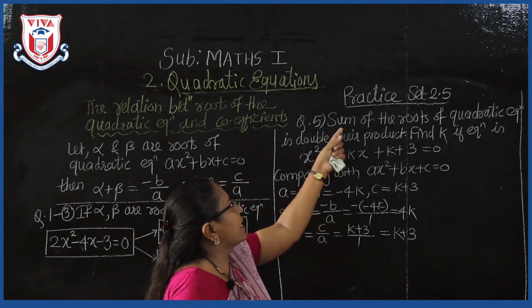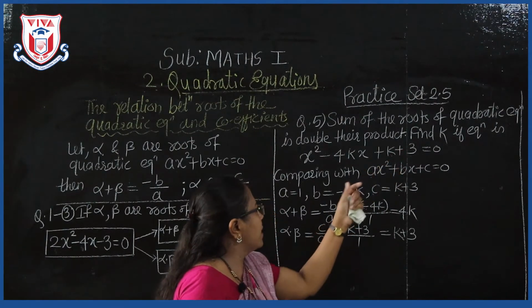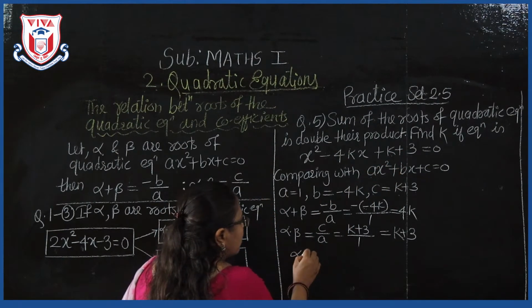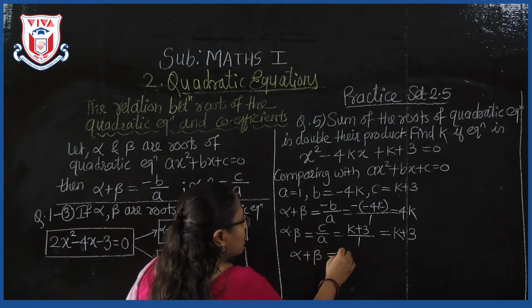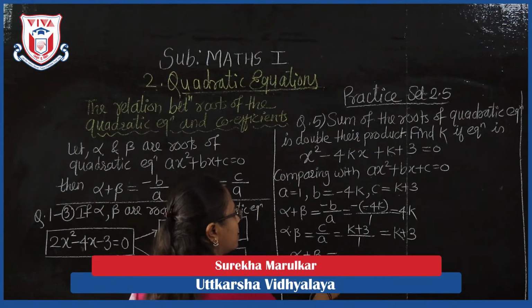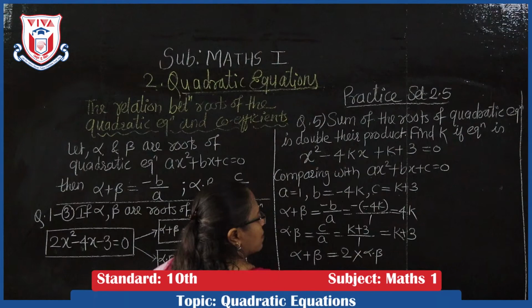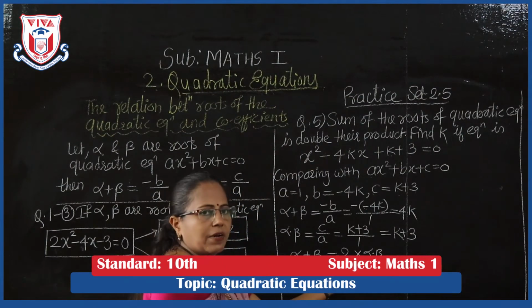Now we will use this relation. Sum of the roots of the quadratic equation, alpha plus beta, equal to double their product. Double means you have to multiply by 2 into their product, which is alpha into beta. So this relation is given.